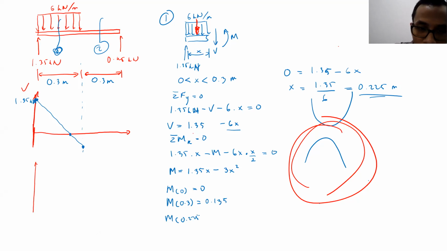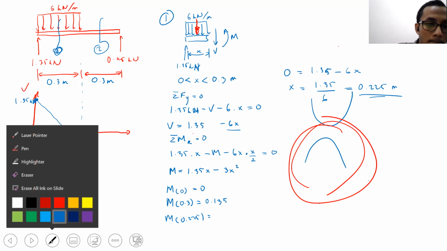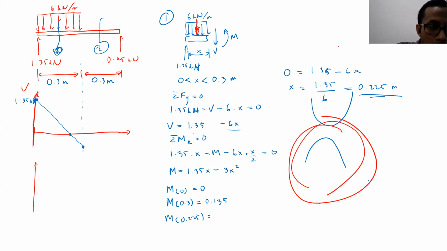Okay. And the value of m will be at 0.225. What is the value of m there? The moment, okay. Minus 3, 0.